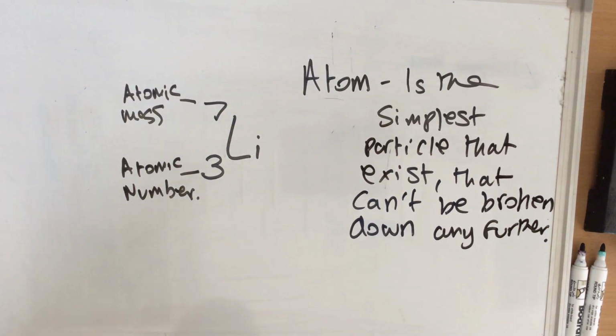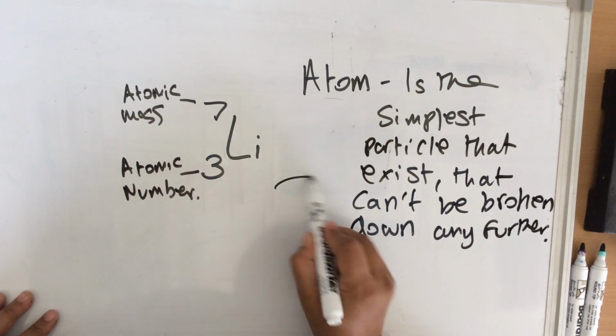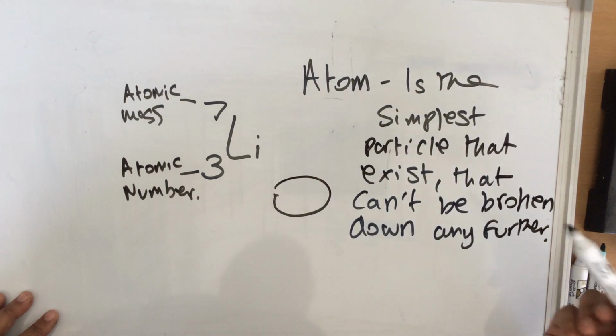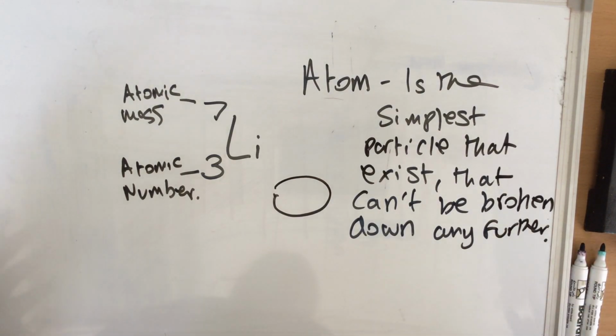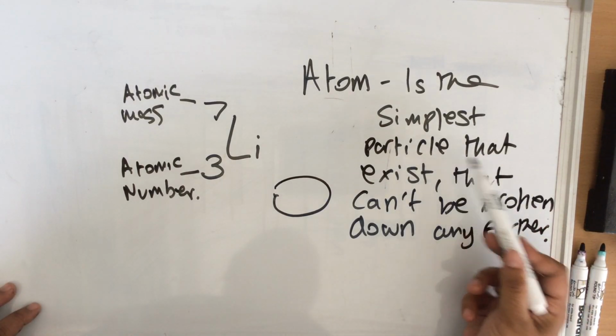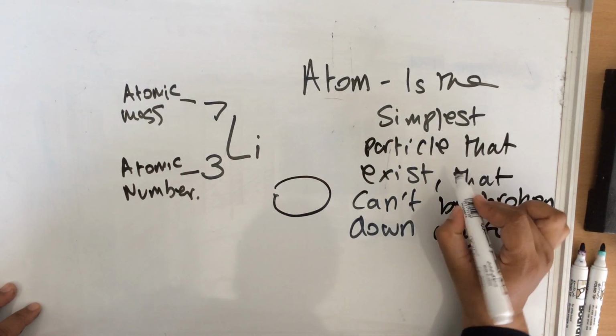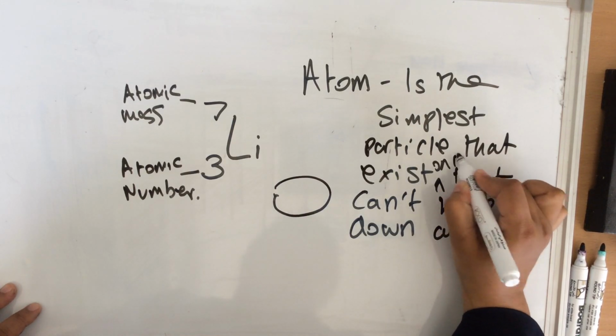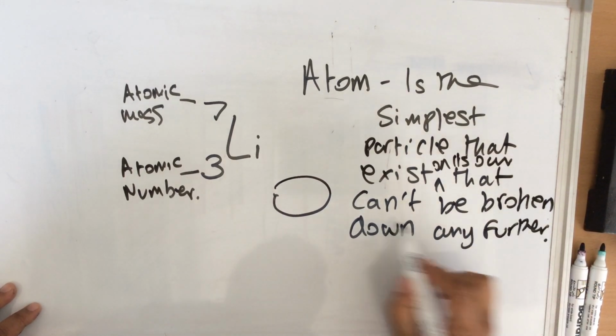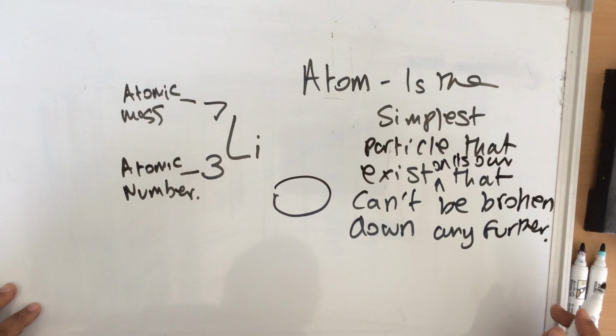The scientist John Dalton stated what an atom was from his discovery. He initially said that an atom is a sphere shape, and that led him to say that all matter is made up of atoms. An atom is the simplest particle that exists on its own, that cannot be broken down any further.